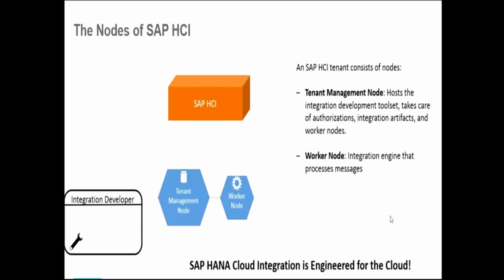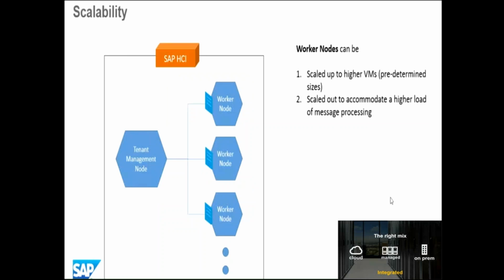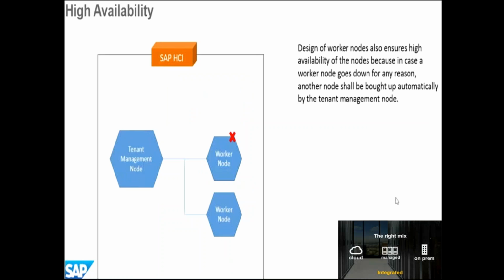This feature is handled by SAP. It is not us who do this type of configuration, or who can control how many worker nodes are attached to it, or if my failover server is changed. It is not in our hands. It has to be taken care of by SAP itself.